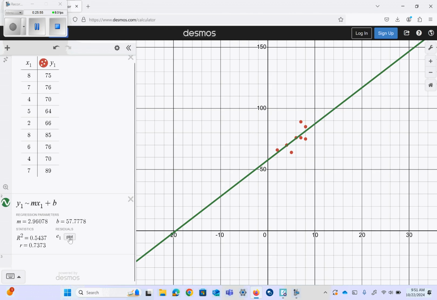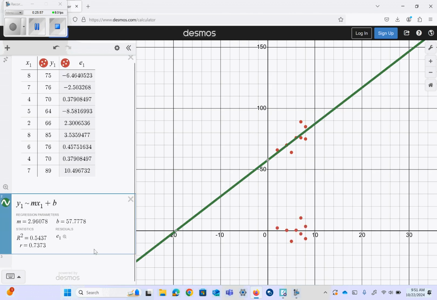So if you hit your residuals here, those data points for the residuals, let's make those blue dots. Okay. All right. So take a look at those blue dots down here. These are the vertical distances above or below our line of best fit.